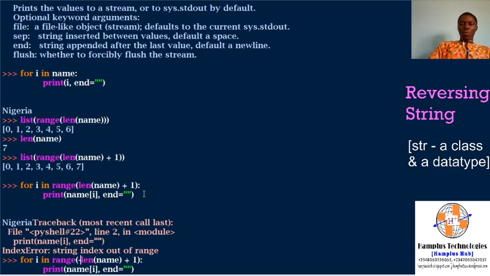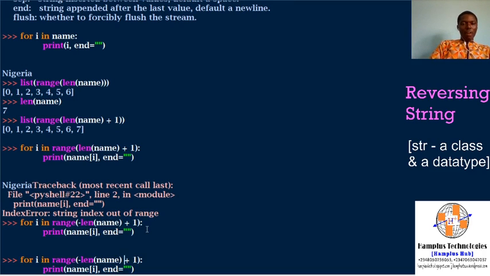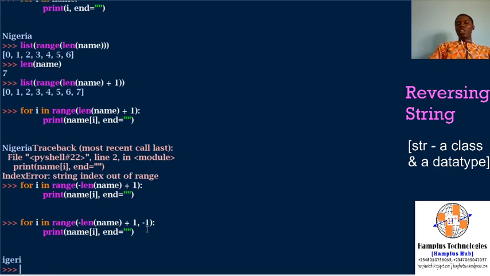When I put a minus sign, you see, it gives me nothing, because the range of this is actually nothing. So for me to do that, I have to make use of my step here to be minus one. And you see, it has given me some parts, but it's not giving me all the parts.